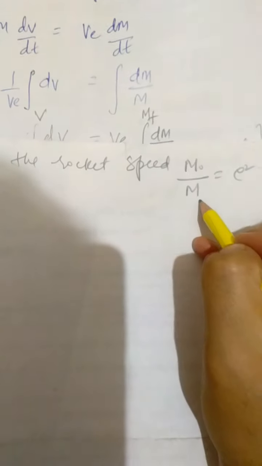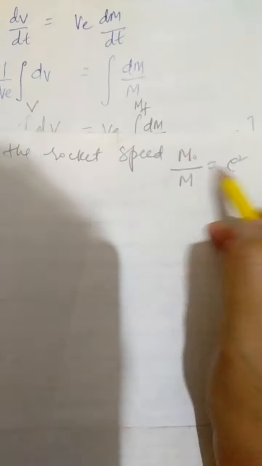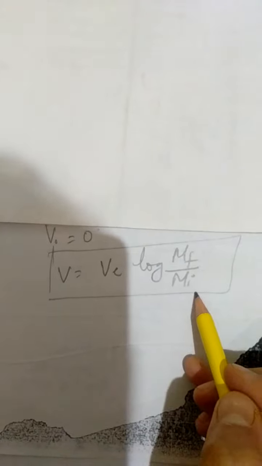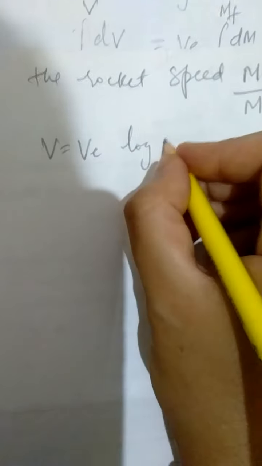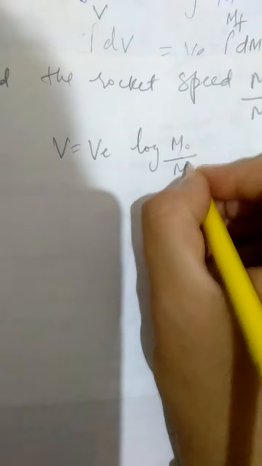This is the initial and this is the final mass of the rocket. If the ratio of the two is e square, what is the final velocity? You can make use of this equation, right? So v is equal to Ve log of m naught by m.